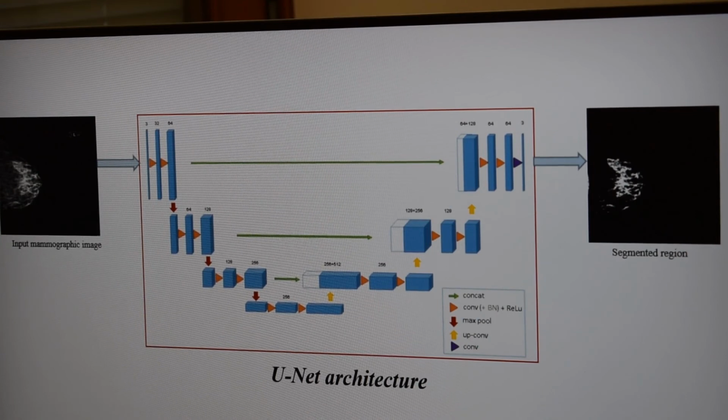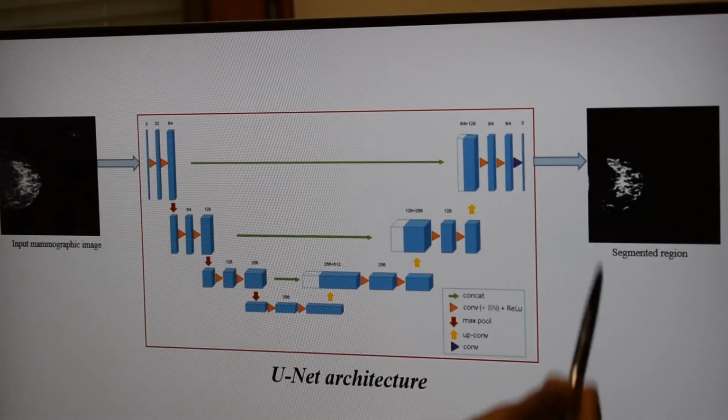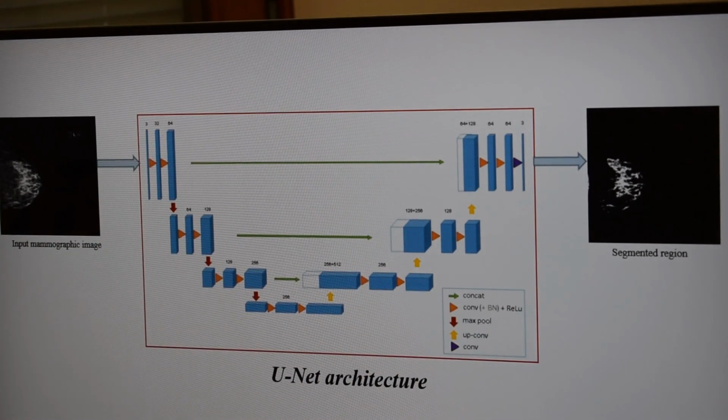So in this architecture, we are developing the U-Net architecture, where the main objective of this network is to segment these fibroglandular tissues from the mammogram, and then we try to estimate the percentage of the density.